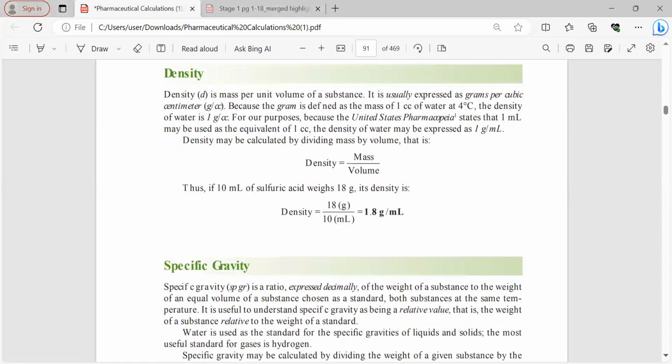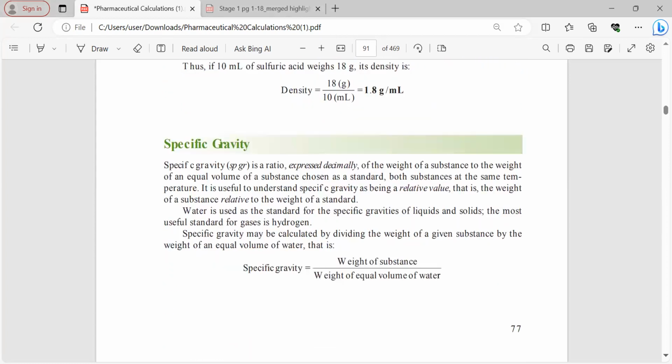But we'll calculate at least an example ya specific gravity. So basically, now this is the formula for calculating specific gravity. Weight of a substance divided by weight of an equal volume of water.